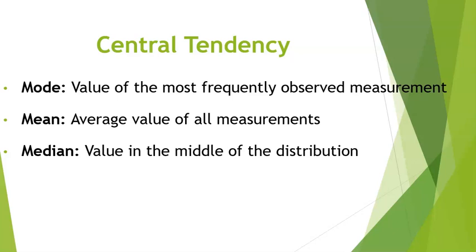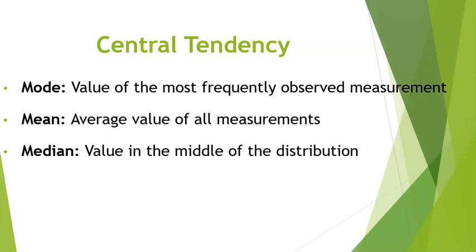But usually for central tendencies, we're talking about numerical data, where you have a number system, whether that's a scale, that could be age, things like that.